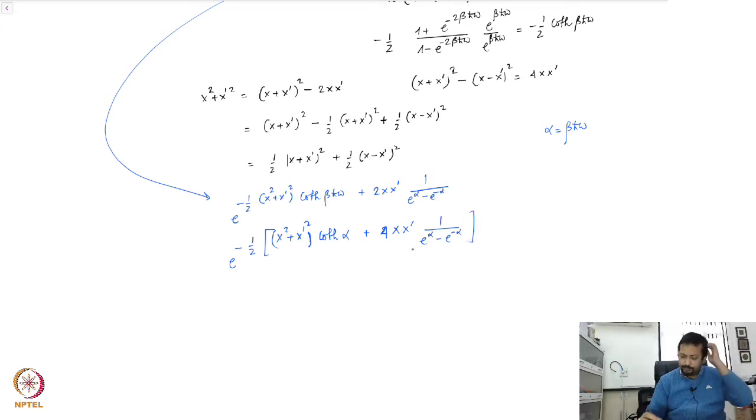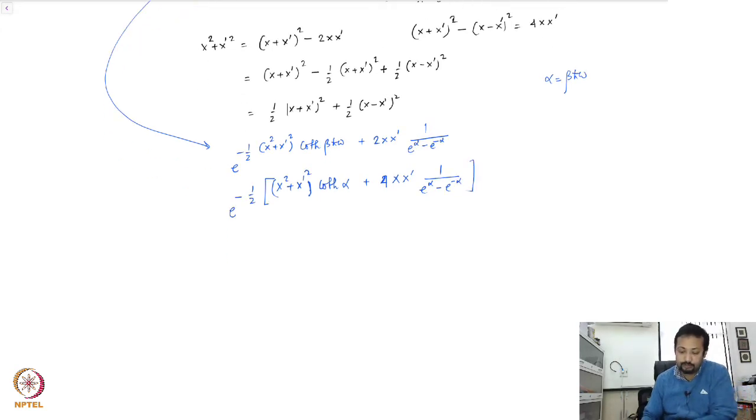In fact, life becomes very simple if you write down this in terms of sine hyperbolic alpha, but in this case the calculation becomes more explicitly clear.